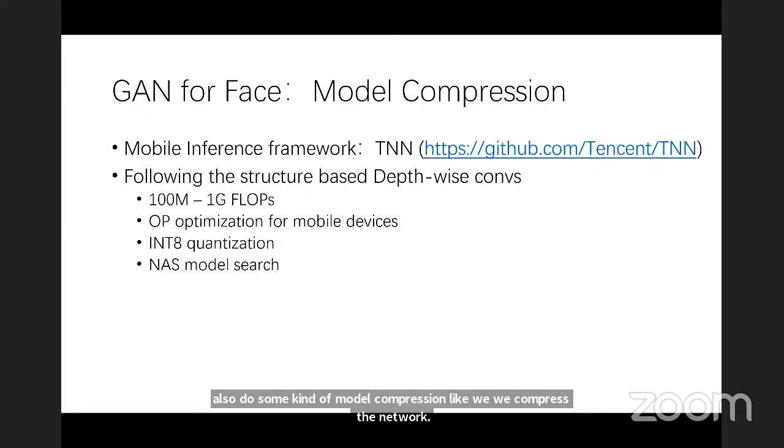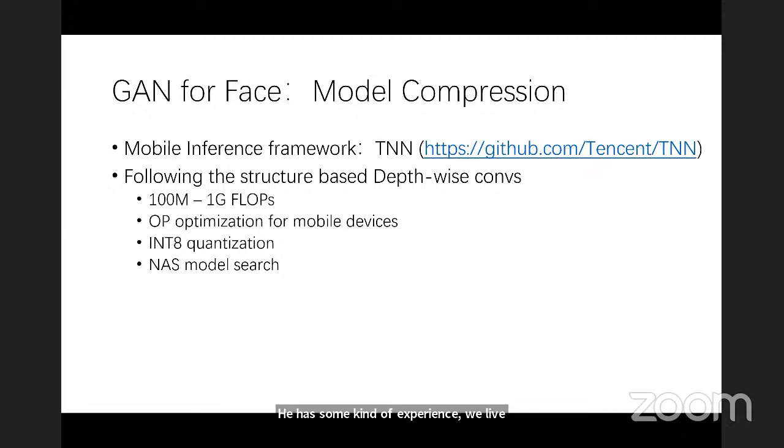Here are some experiences we list here. For example, for the network structure, the FLOPs usually lie between, for example, 100 million and 1G FLOPs. If we use a larger model, the runtime speed will be very low. Also, some operations are fully optimized on mobile devices, but some may not be.